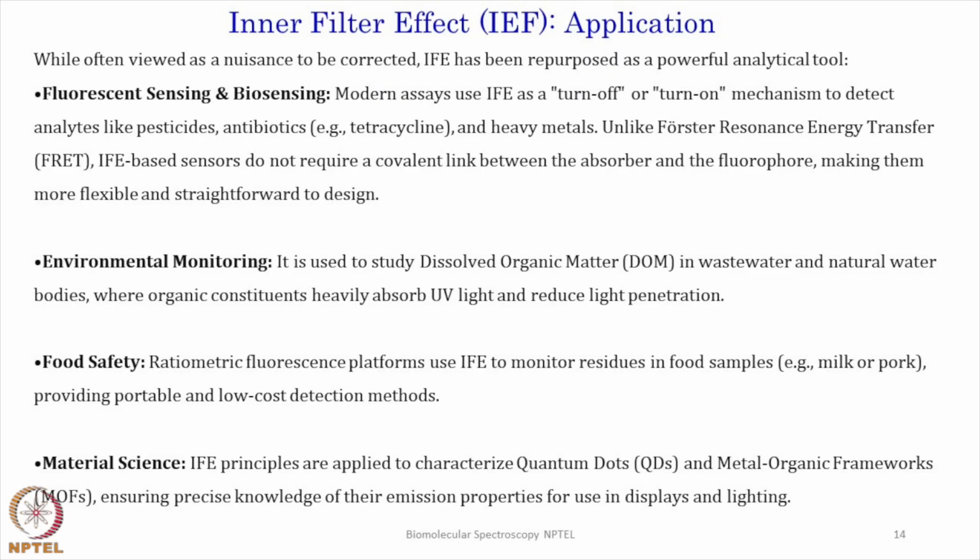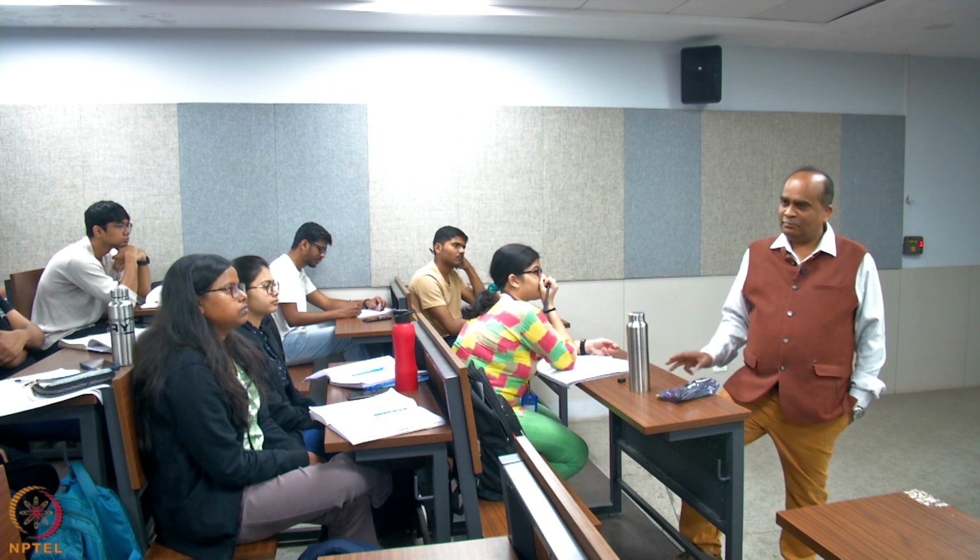I was already talking about the Ludhiana problem in food. Food is also a problem, food is contaminated, right. So you can use this ratiometric fluorescence platform, using the inner filter effect, to monitor residue in food samples. If there is something present in the milk, in the pork, in grain, wherever it is, you can detect it. All of us require doodh, milk, right.